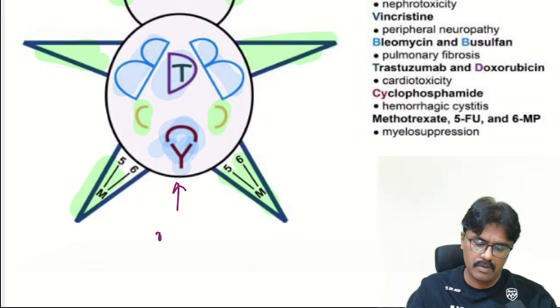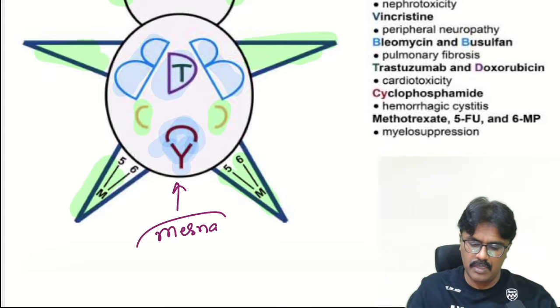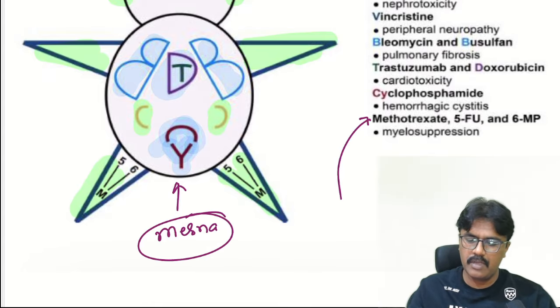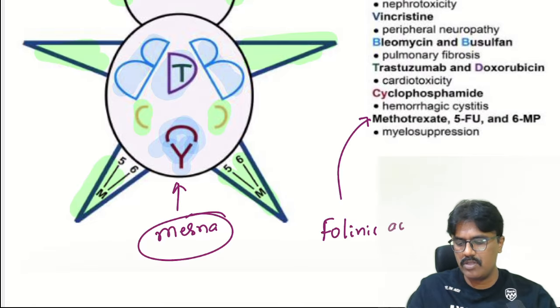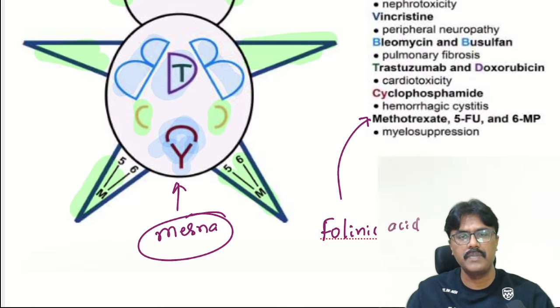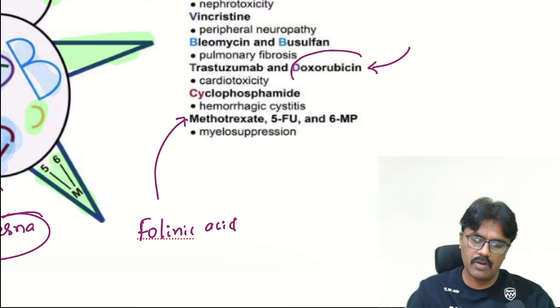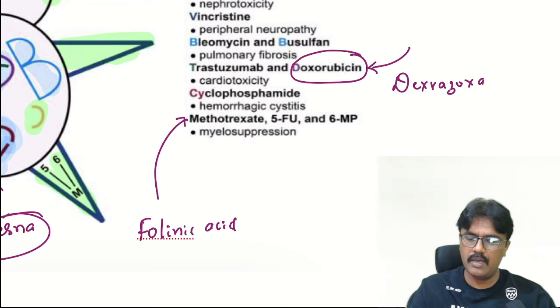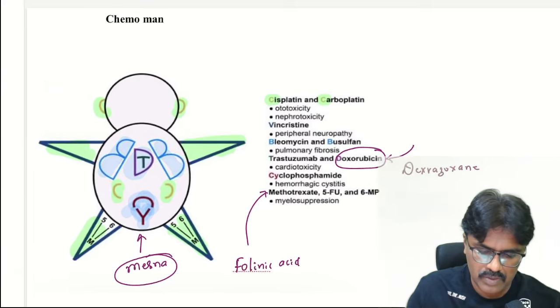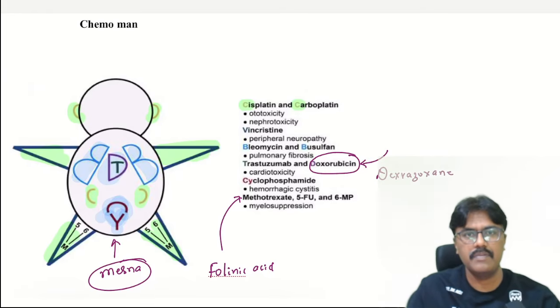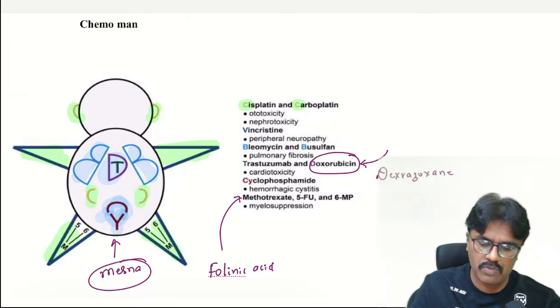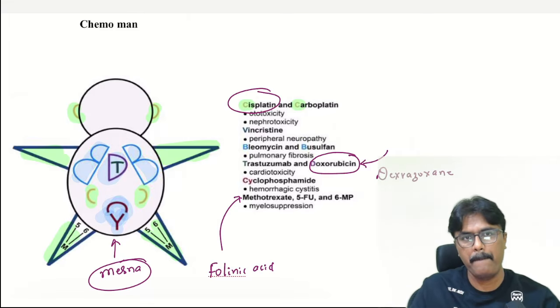Yes, we have a drug called Mesna that will prevent. Can you prevent methotrexate toxicity? Yes, we have something called folinic acid, also called leucovorin, that can be used. Can we prevent cardiotoxicity by doxorubicin? Yes, we have a drug called dexrazoxane, which is an iron chelator. So this is how the questions are framed. And the most widely used anti-cancer drug is cisplatin.